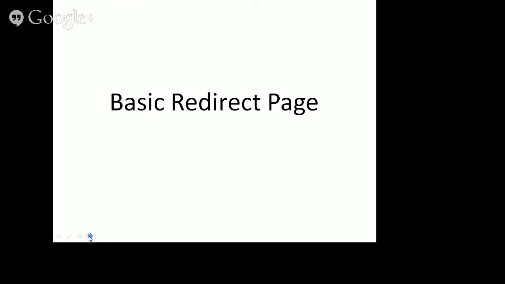Basic redirect page. What I mean by that is, instead of sending people to a cold sales page, let's say I'm selling a product from JV Zoo. I don't know if you guys know what that is. It's just an affiliate place. They sell affiliate products. Instead of sending traffic directly over to their sales page, I can create a page that they hit first.